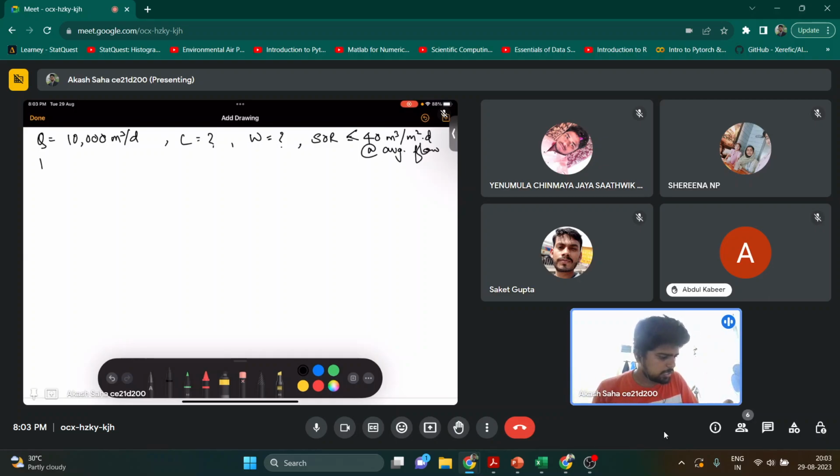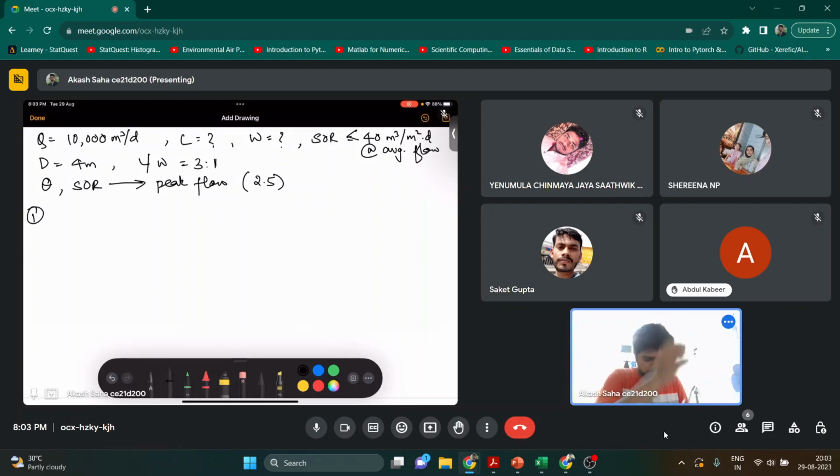The depth is given as 4 meter. L to W is 3 to 1. Now we have to find the detention time and SOR for peak flow, and the peaking factor is 2.5. So this is the overall problem.